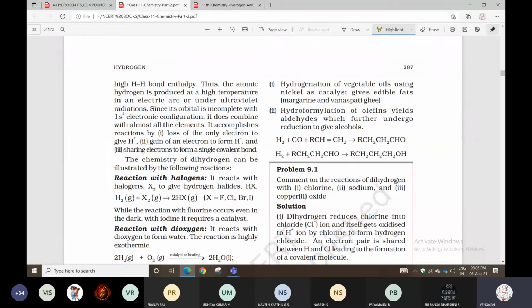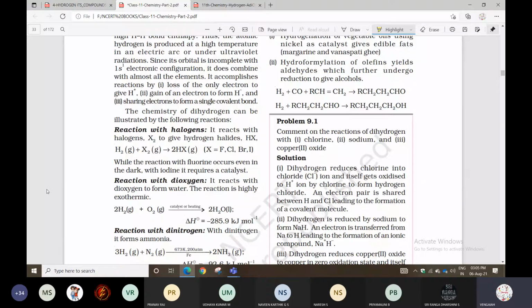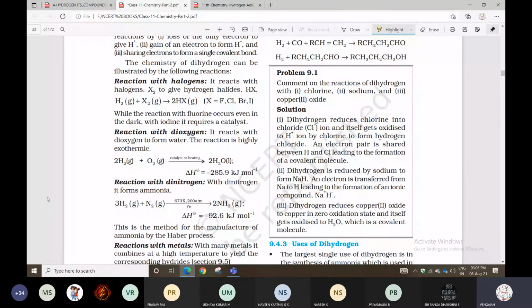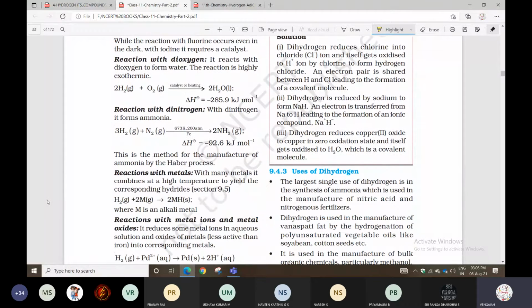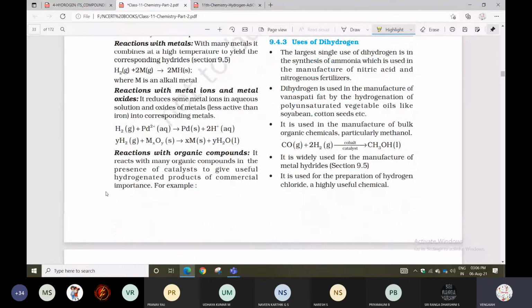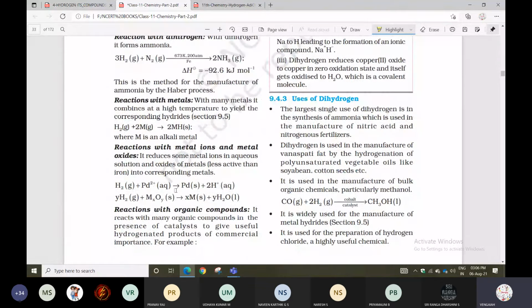The chemistry of dihydrogen can be given through the following reactions: reaction with halogens, dioxygen, dinitrogen, metals or metal oxides. Many organic compounds you can also prepare. Okay? First one, listen.